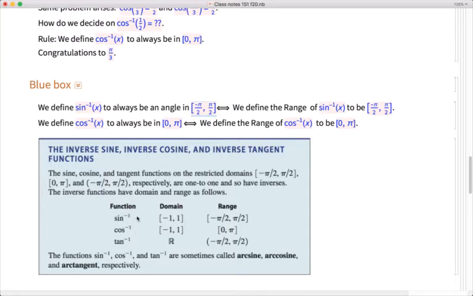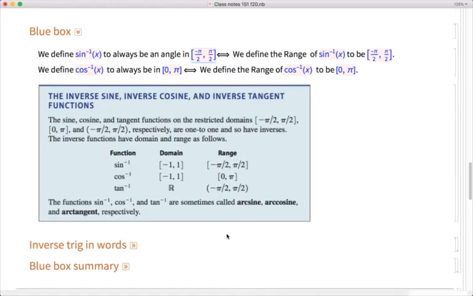It says the inverse sine, its range, that is its outputs, will always be in this interval. And for the inverse cosine, it says its outputs, its range, will always be in this interval. The full names are arcsine, arccosine, arctangent for these inverse functions.